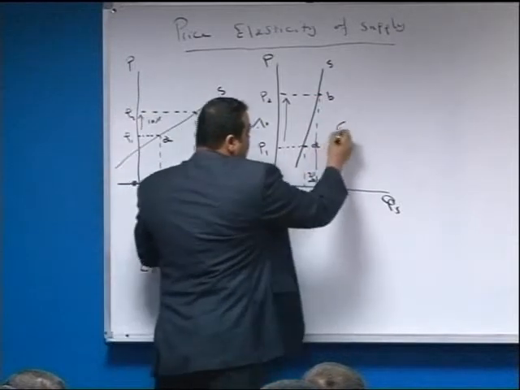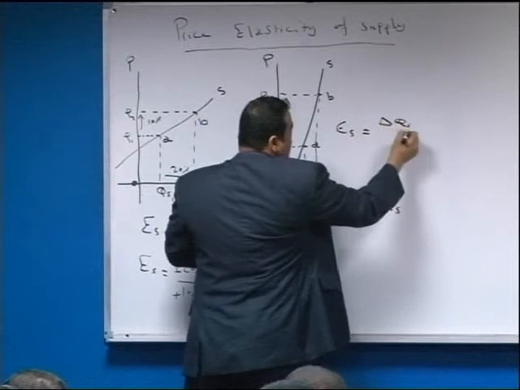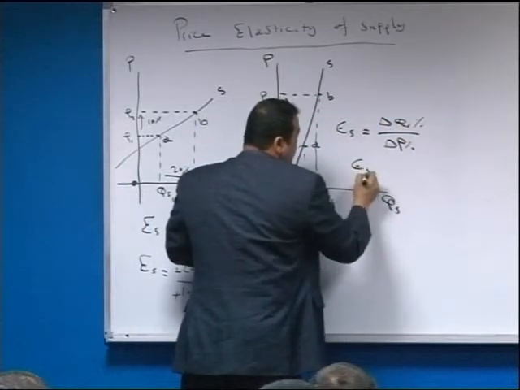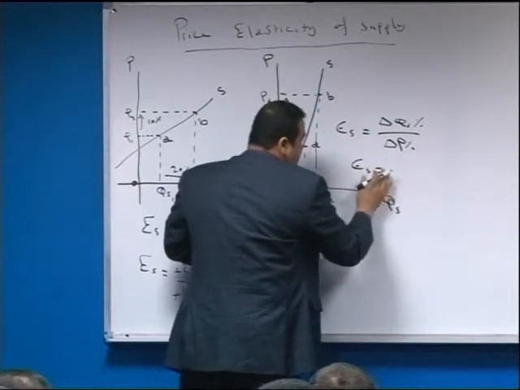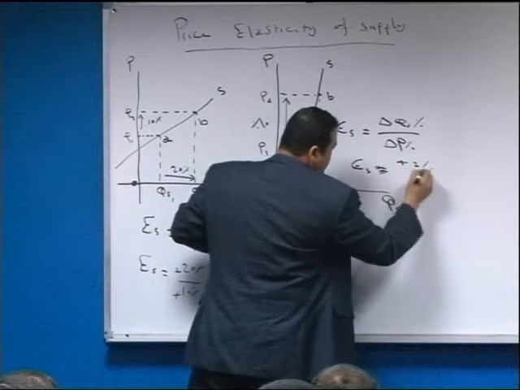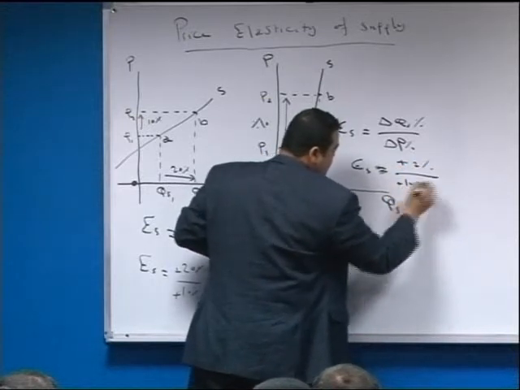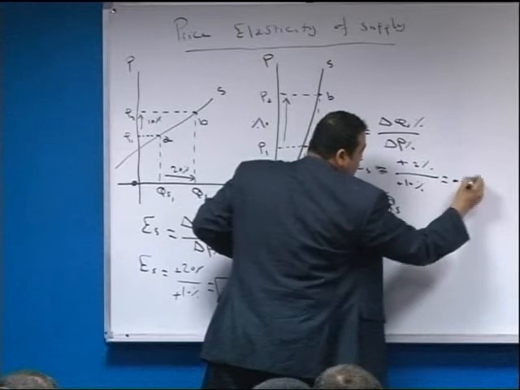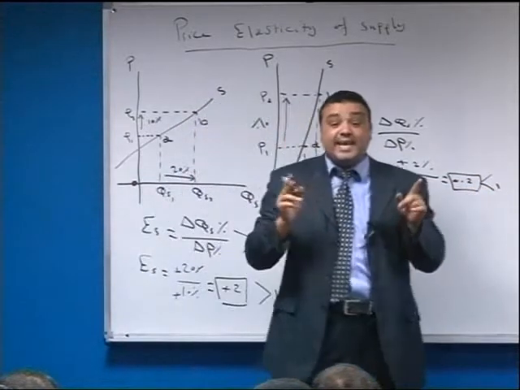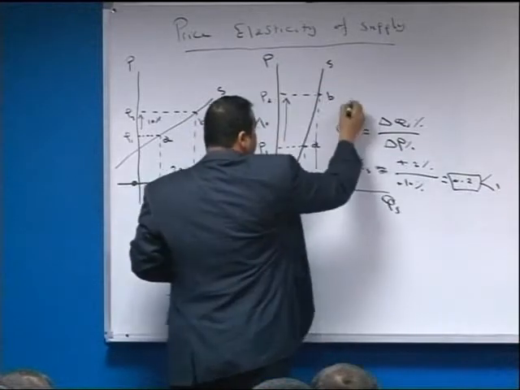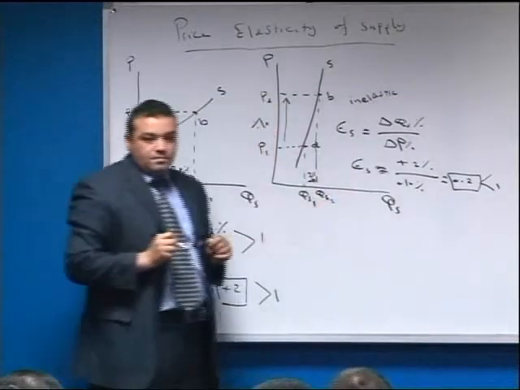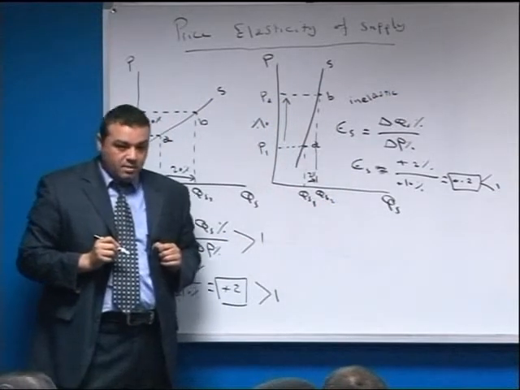In this case, ES equals delta QS percent over delta P percent, 2% over 10%, equals 0.2. It's less than 1, so the supply is inelastic. Inelastic supply, right? Okay?